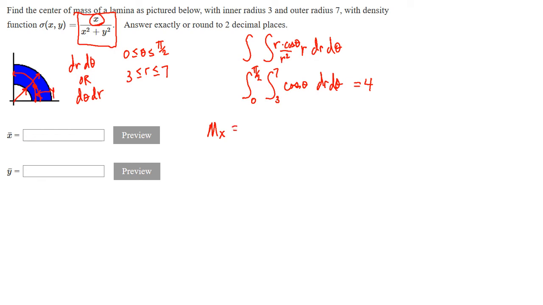So we have to take our integral for mass, and we have to multiply the integrand by y. Well, obviously, since we're in polar coordinates, we can't use y, so we'll use something that y is equal to, which is r times the sine of theta.